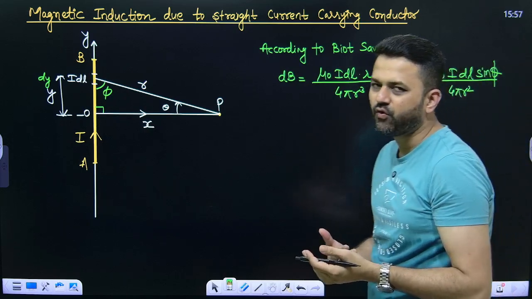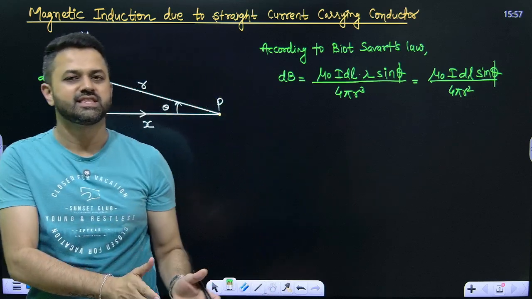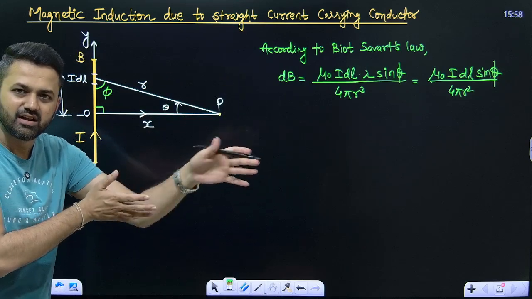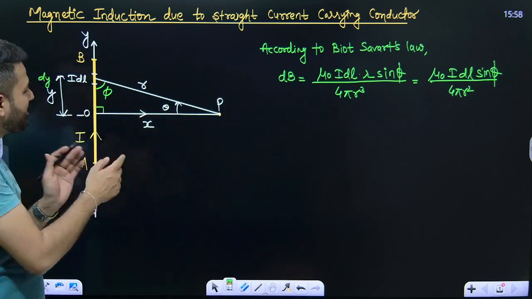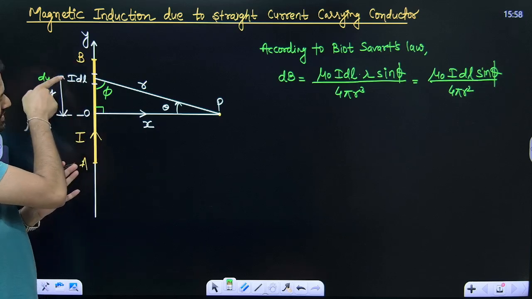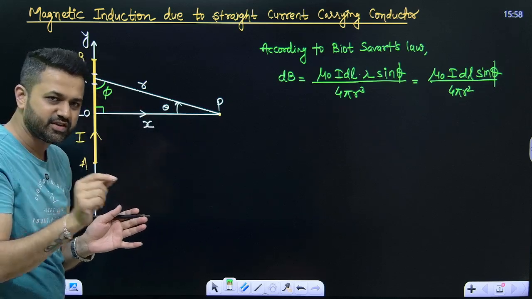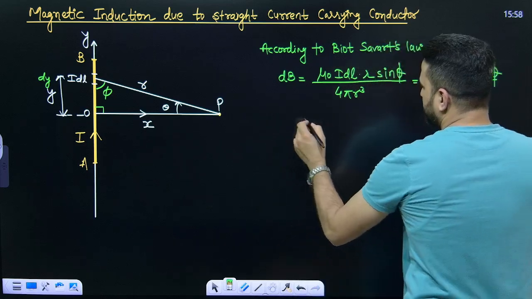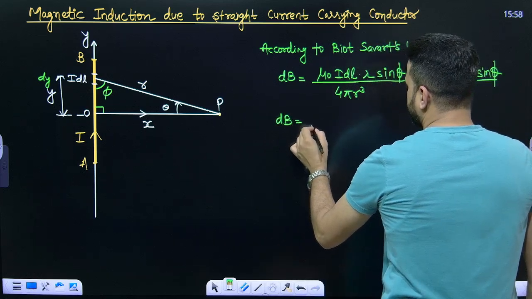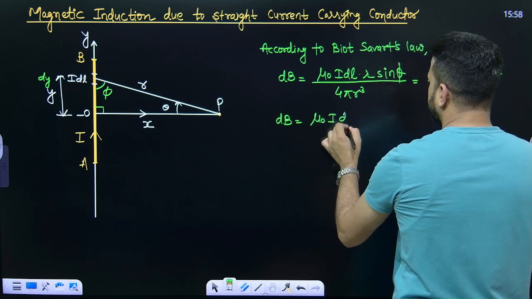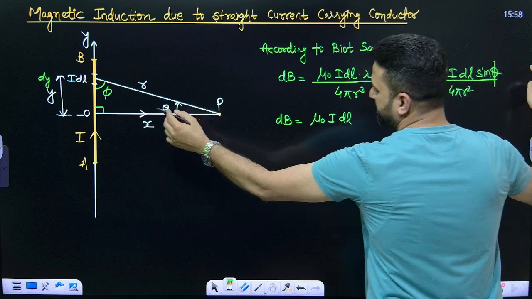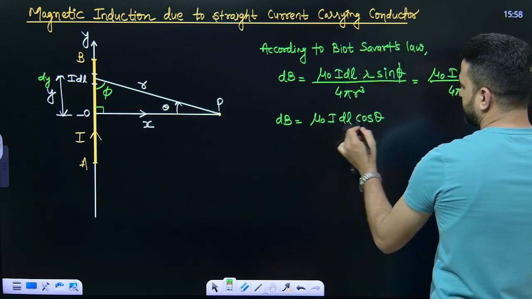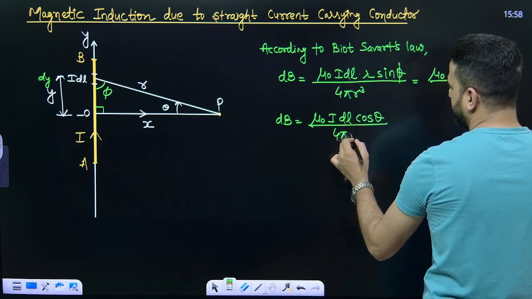I wrote the formula as you have studied in the Biot-Savart law, but now I have considered the angle according to the present situation. So dB is equal to mu naught I dl sine phi, and phi can be written as 90 minus theta, so this is nothing but cos theta, divided by 4 pi r square.